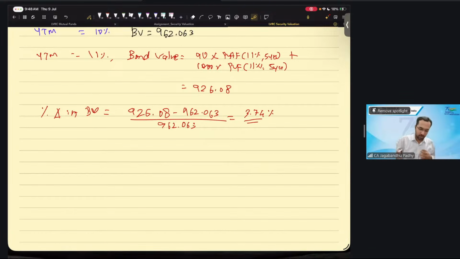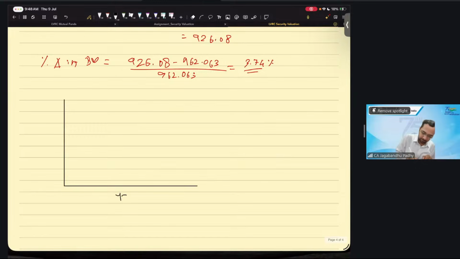We know that the bond value is inversely related to the YTM. So if you place YTM on the x-axis and the bond value on the y-axis, we don't get a straight line. In fact, the bond value is a curve like this.